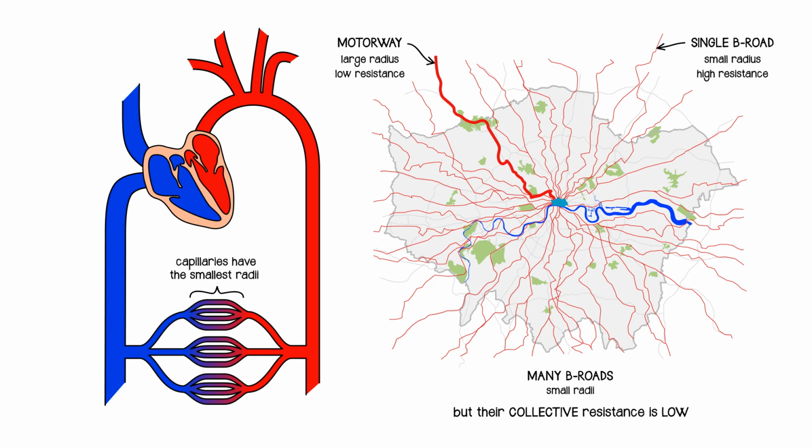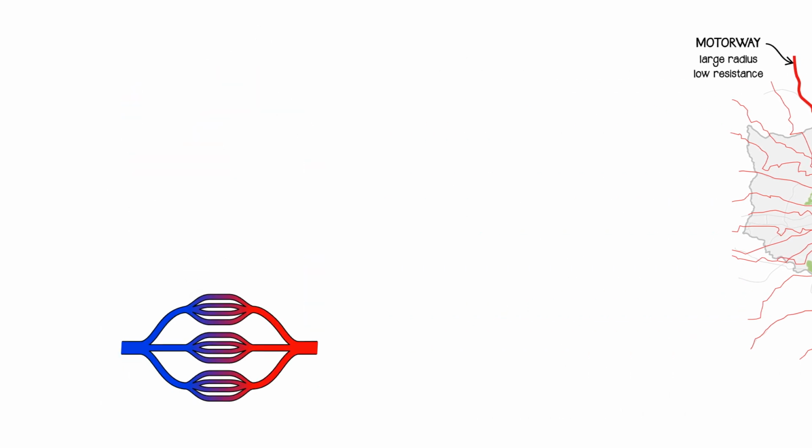So if we want to think about where the resistance is in the circulation, we need to think about how wide an individual vessel is, what its radius is, because that's very important. But we also need to think about how many there are in parallel. Now it turns out that capillaries are the very narrowest, so they have the largest individual resistance, but there are so many in parallel that their collective resistance isn't that high.